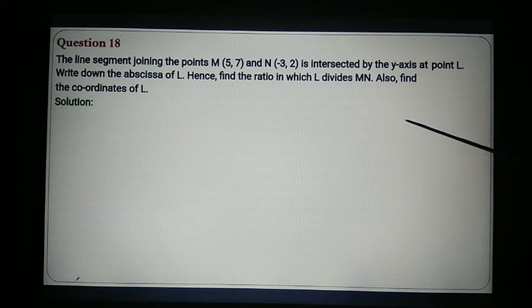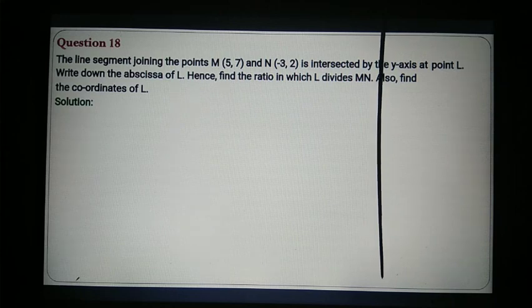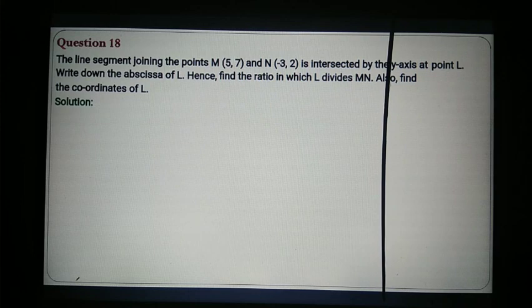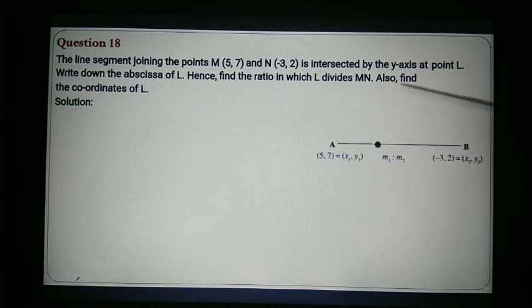As I said from the earlier one, because on the y-axis, the value of x is going to be 0, and the value of x is also known as abscissa, and the value of y is known as ordinate. So the abscissa is always going to be 0 on the y-axis.